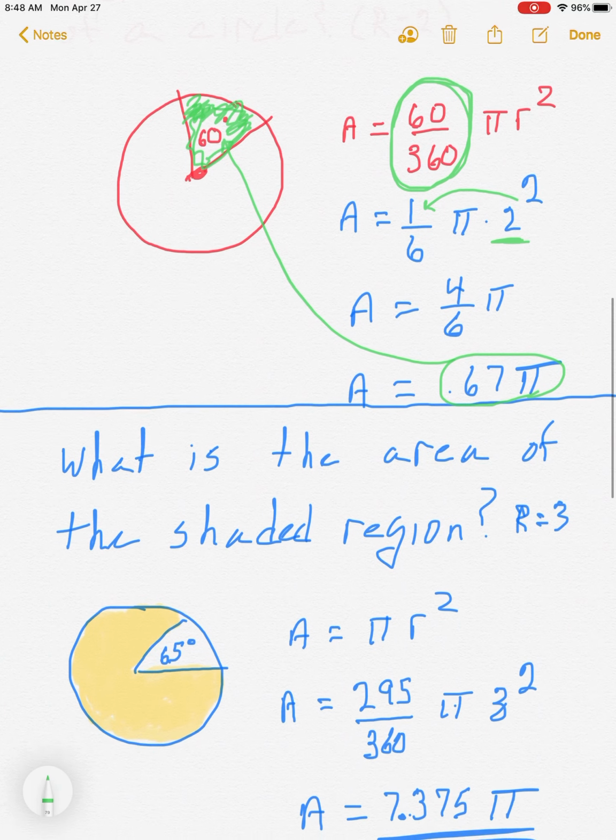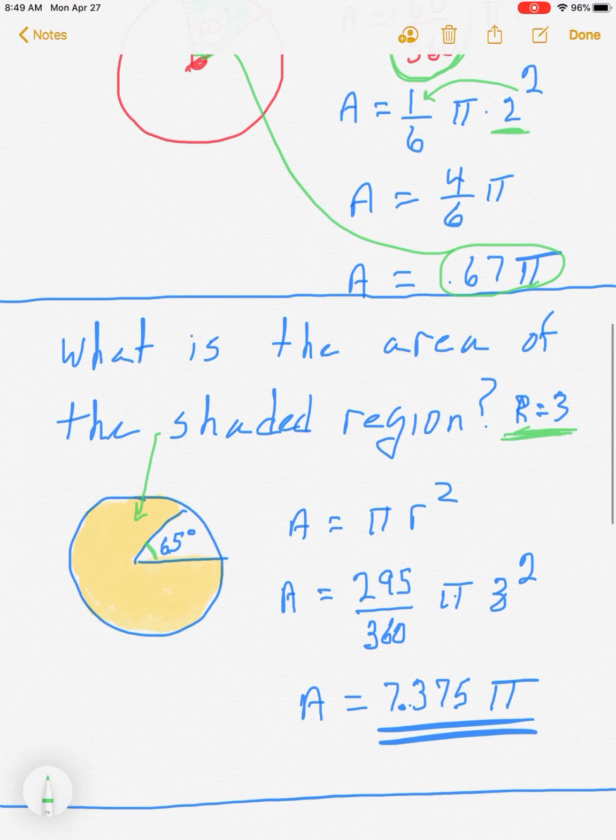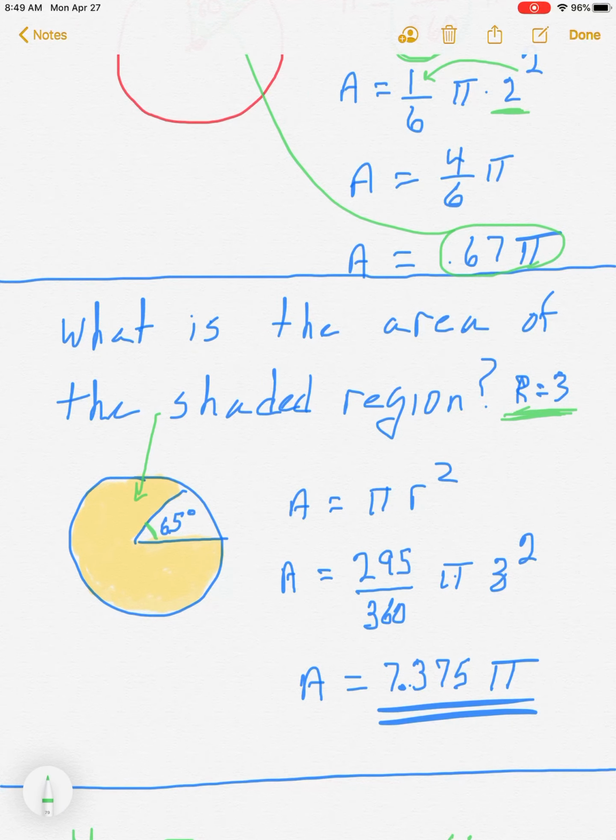The next problem I have is rather similar. What's the area of the yellow shaded region? Given that what remains is 65 degrees and the radius is 3. So what is the area of the shaded region of this circle, given that the radius is 3 and the remainder part is 65 degrees? Again, the formula for the area of a circle is pi r squared.